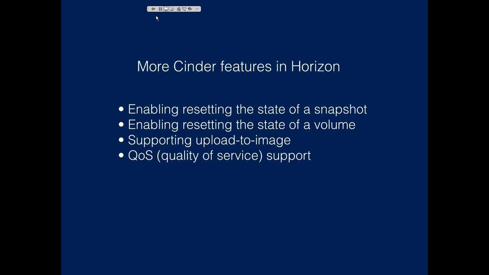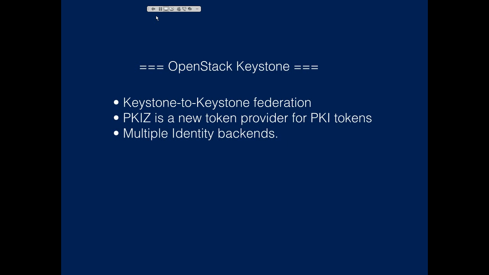Good. All right. So the next thing is OpenStack Keystone. What's new in OpenStack Keystone? The first thing I would like to touch upon is Keystone to Keystone federation. There were multiple use cases for this. Say a company is running their private cloud, and they want to use public cloud providers for running their workloads.